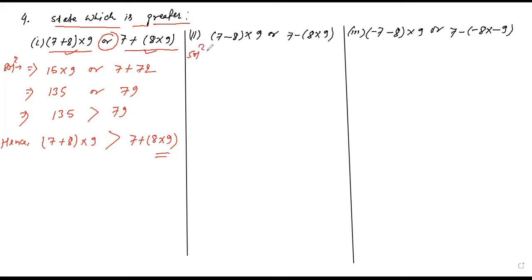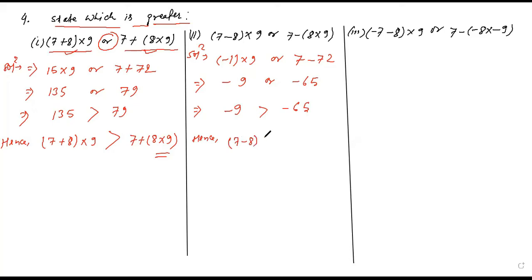Now for the next one, 7 minus 8 minus 1 into 9 or 7 minus 72, with the sign on the other side. So minus 9, or this will work.